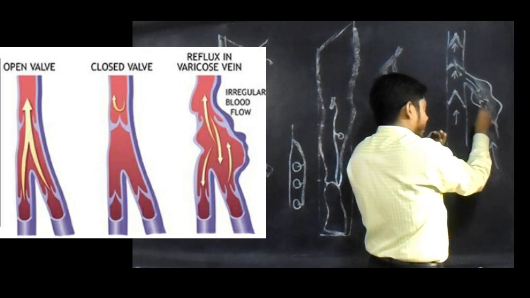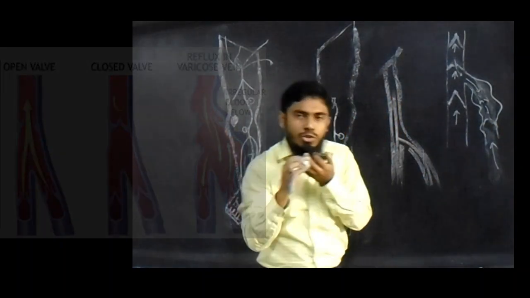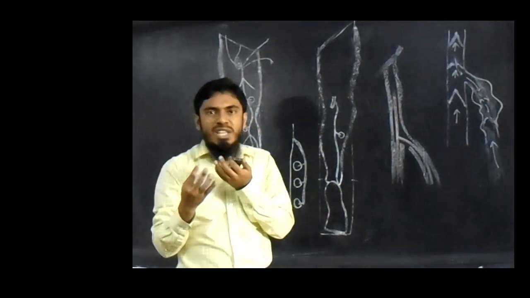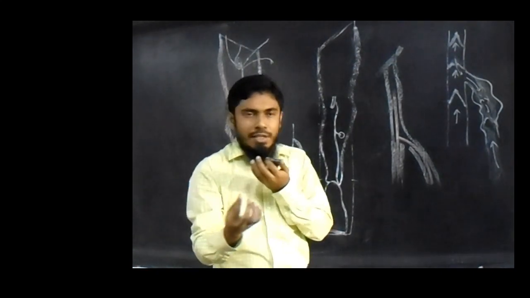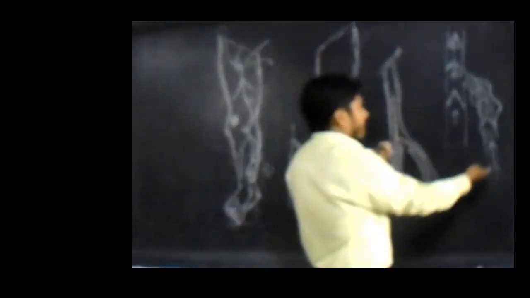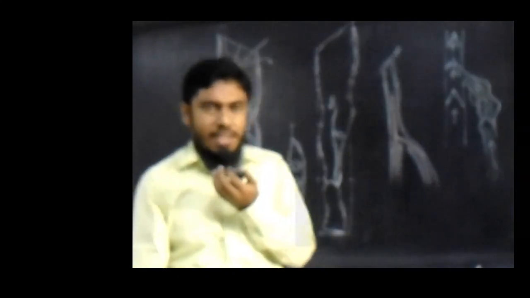Okay, like this. And when more blood accumulates, it will become tortuous, because we have to give space to more blood by making it tortuous, isn't it? For this reason, this abnormal dilatation occurs and varicosity of the superficial vein occurs. I hope it is clear to you now.